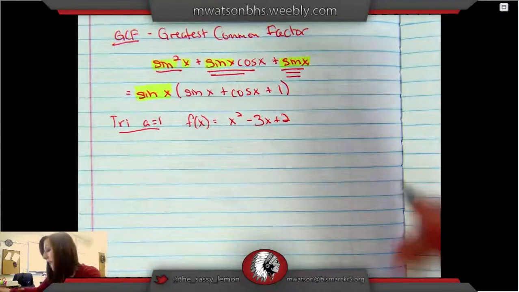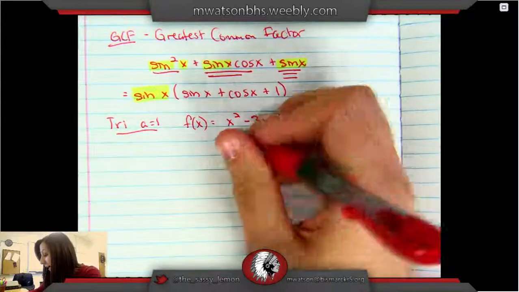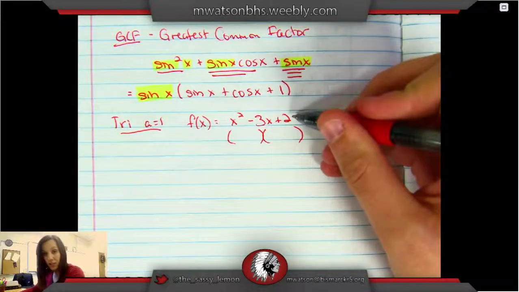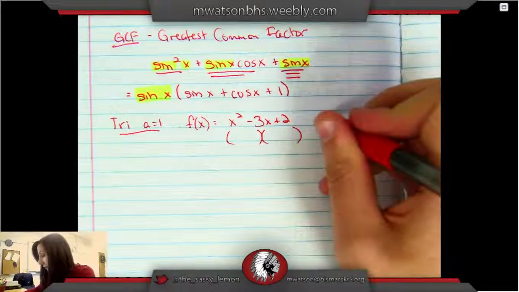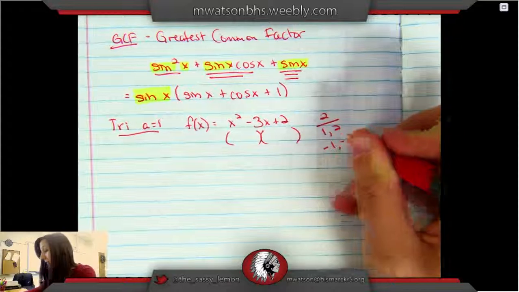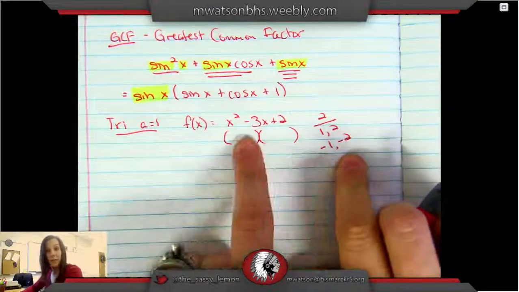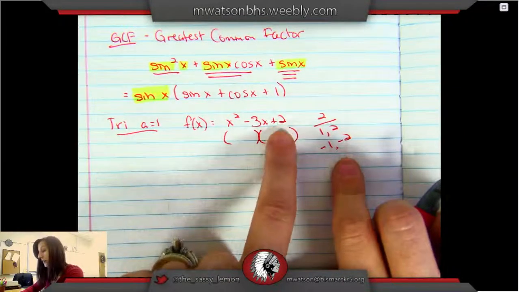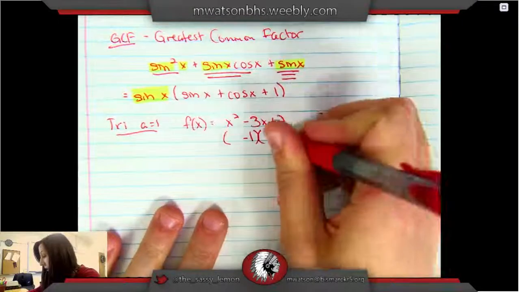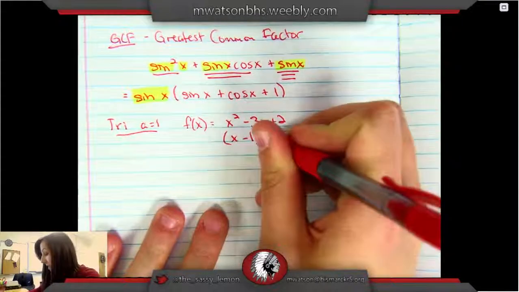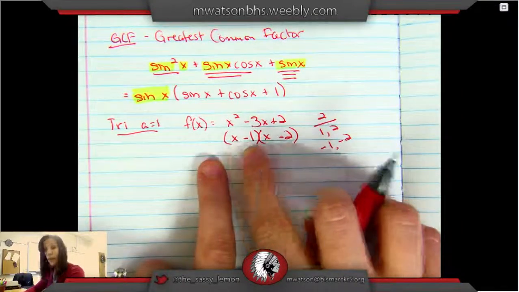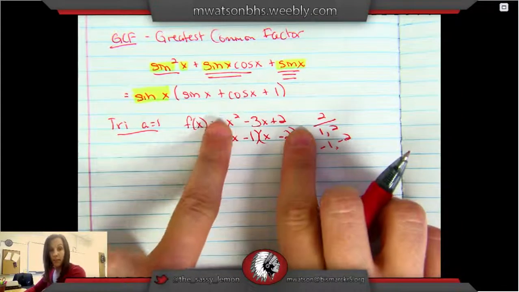We used to be able to factor that by setting up two sets of parentheses, looking at this last term and its factors, which were 1 and 2, or negative 1 and negative 2, and then figure out which ones add up to b. We would say factors of c that add up to b, and those would be the ones that we would put in our parentheses, and then x here, and we just factored that. And if you FOILed it back out, you would get back to this answer.